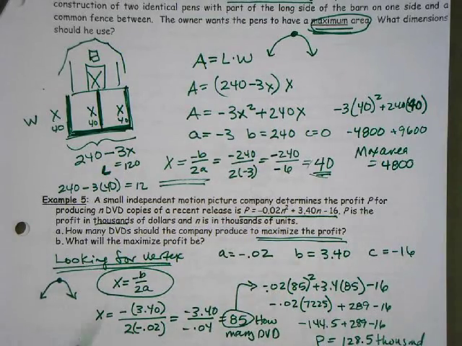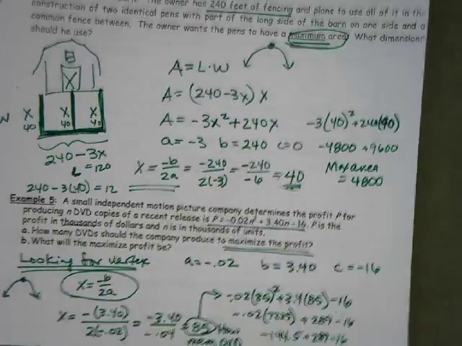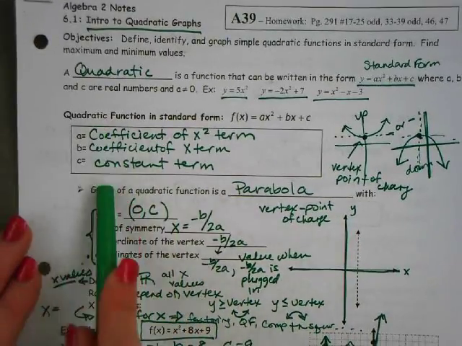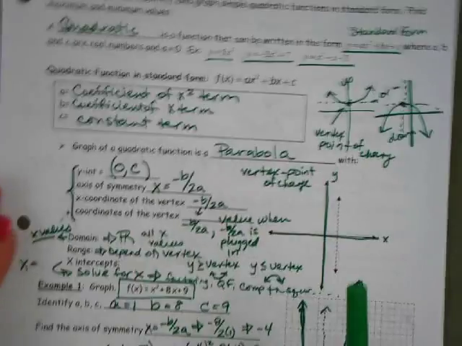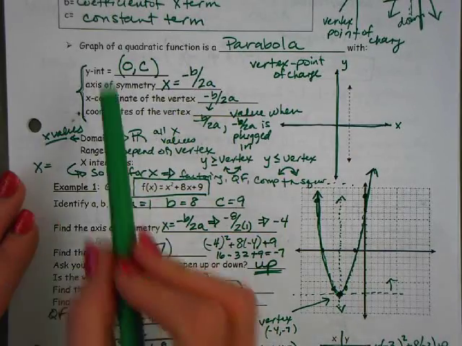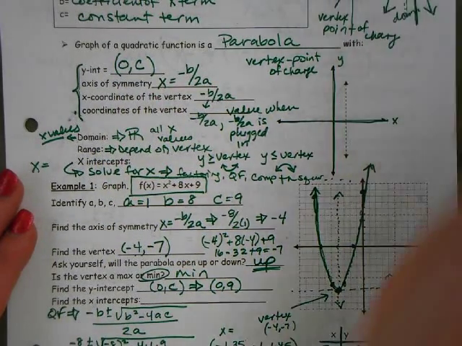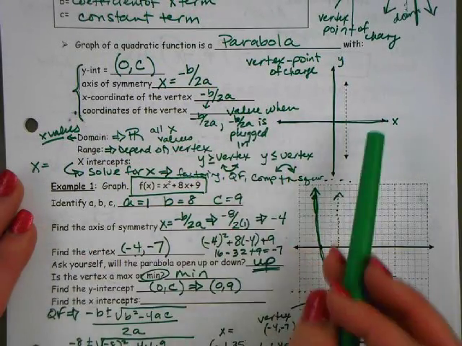Quick. So, going back to page 1. We talked about the quadratic, what the a, b, and c values were. We used the y-intercept, the axis of symmetry, which is where the parabola changes. We found the vertex point, taking that x-coordinate and plugging it in and finding y.